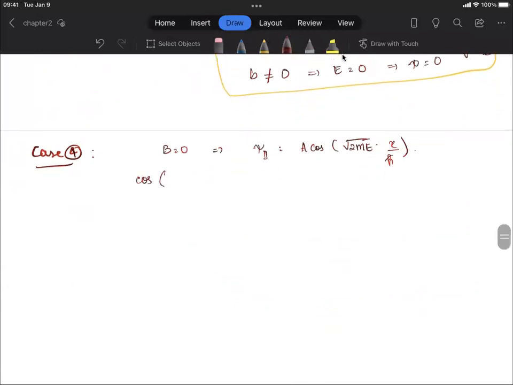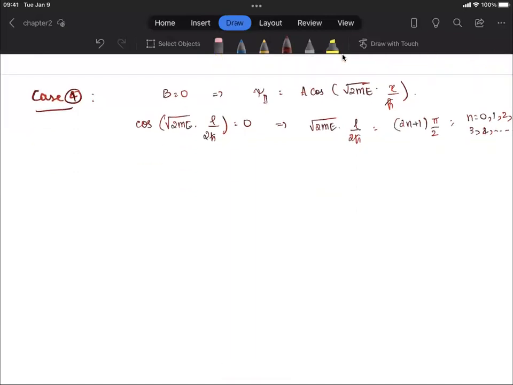However, we also know that the cosine term is 0. That would imply that the argument has to be a multiple of pi over 2, and it has to be an odd multiple of pi over 2. So it's going to be something like this.